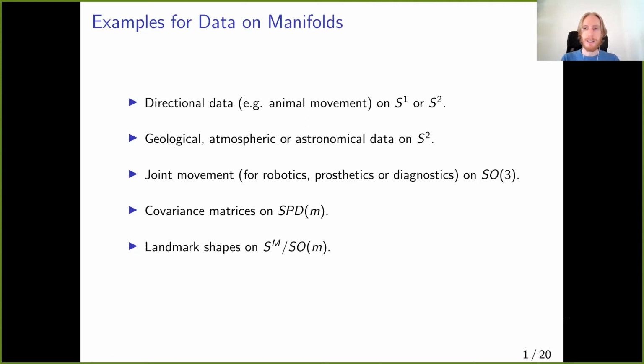Another larger class of data are geological, atmospheric, or astronomical data, which are on an S2, which is either the Earth's surface or, for astronomical data, often directional data on an S2, where the S2 is then the directions of the night sky.